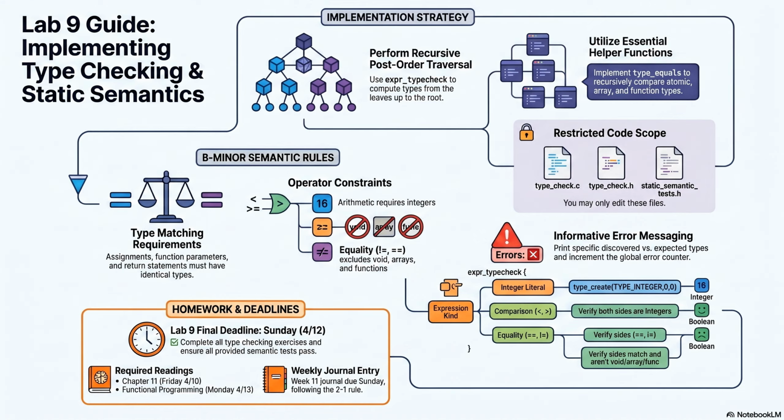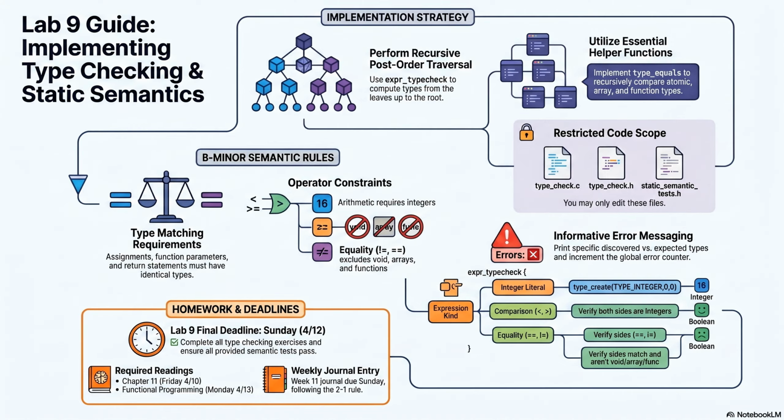So applying that to your pipecheck.c file, the implementation really does start at the leaves. Okay, how so? Well, for a literal expression, the type is self-evident. If your traversal hits an integer literal node, your function just allocates and returns a new integer type structure. It's very straightforward. Okay, but what about variables? Because a variable node doesn't inherently contain its type in the AST, right?